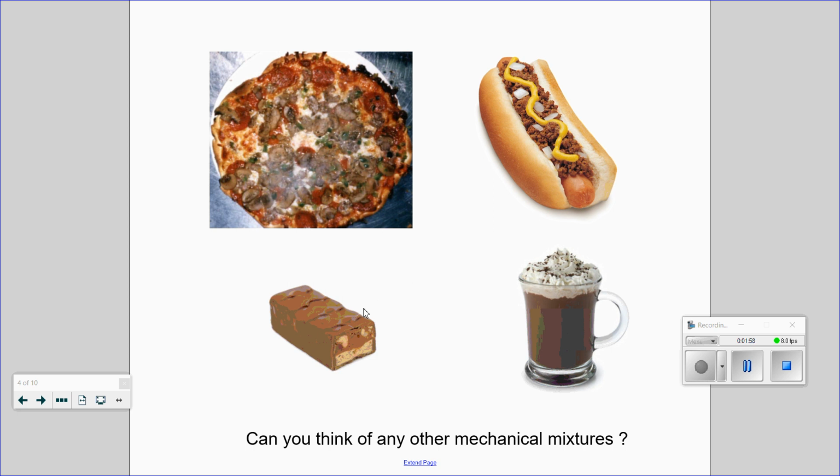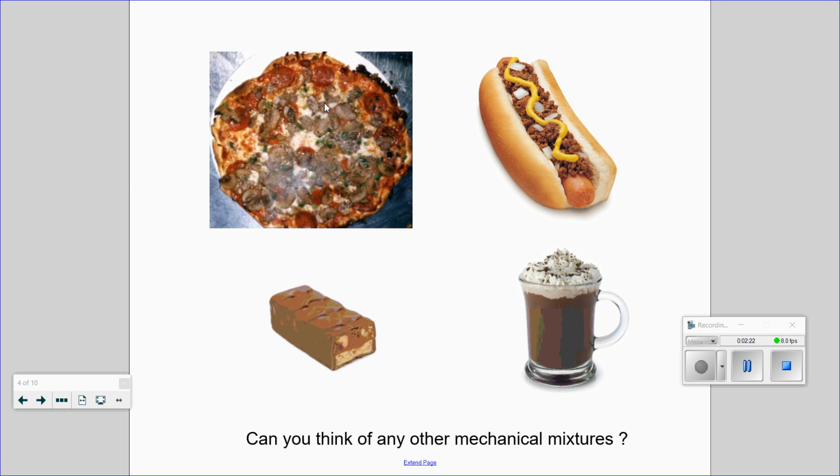A chocolate bar, a very fancy drink from Starbucks or Second Cup. These are all mechanical mixtures because we can see the individual ingredients or parts that make up each of these items. As well, we can see and taste and even touch the different properties of each part.